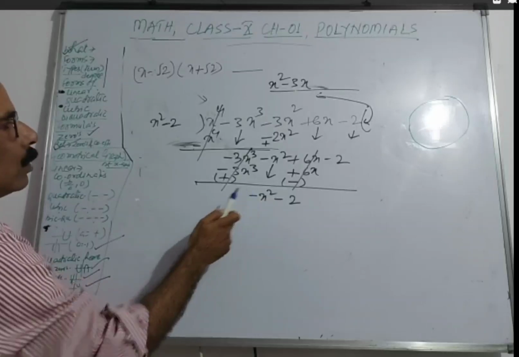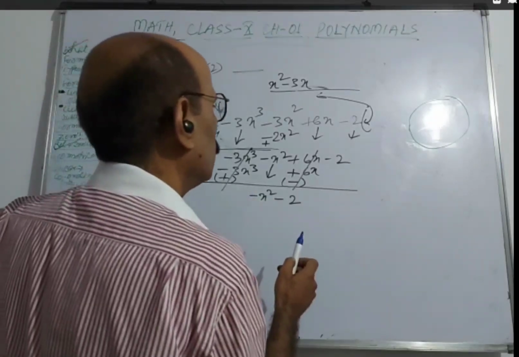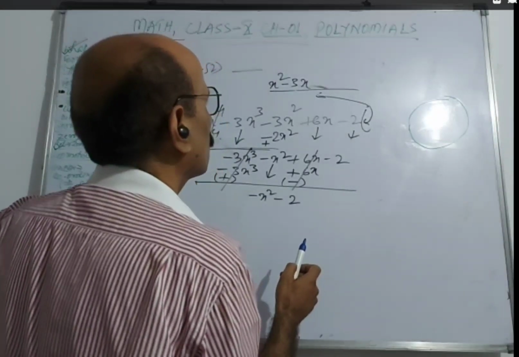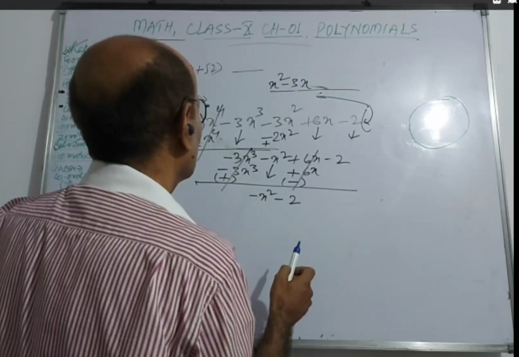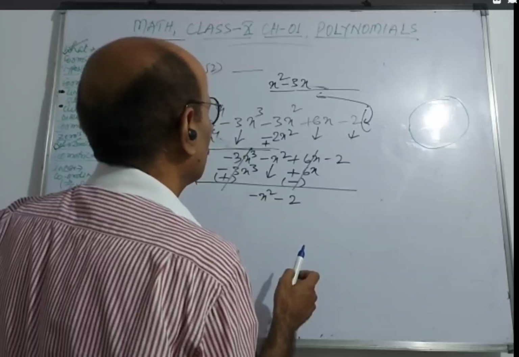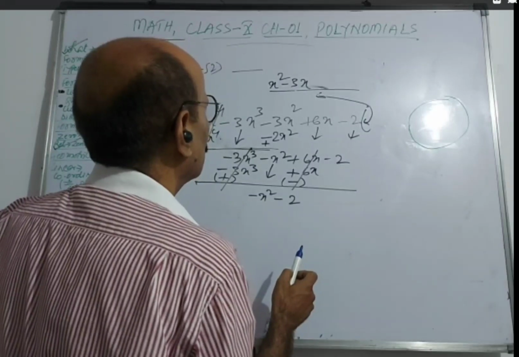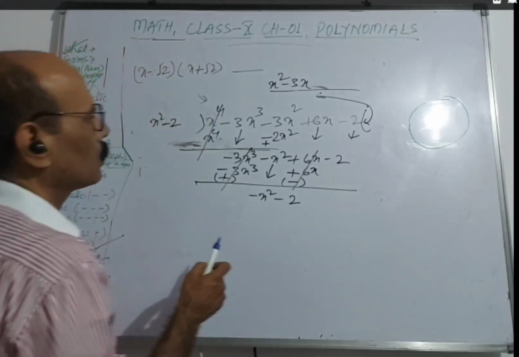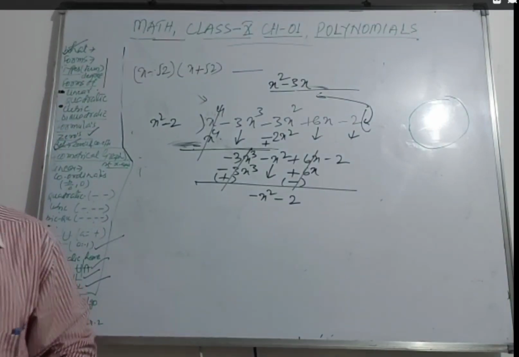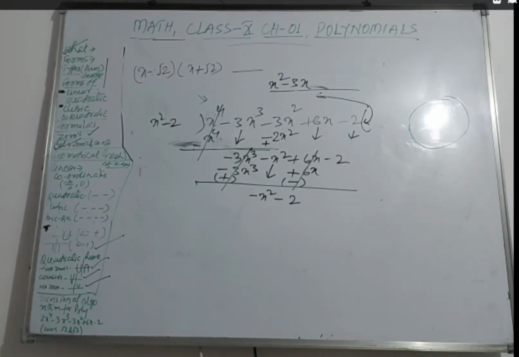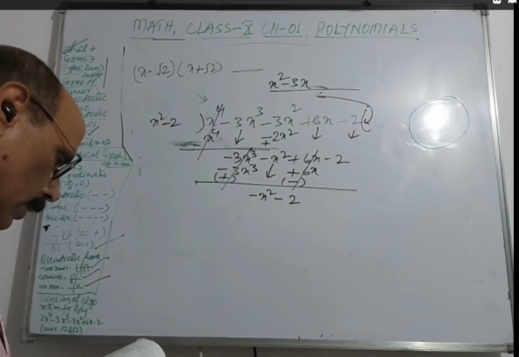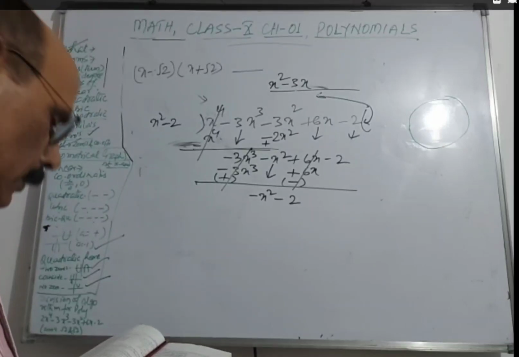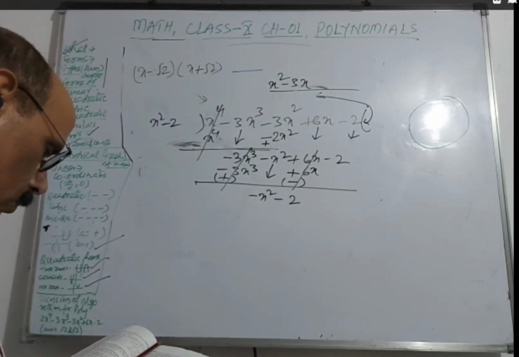Yeah, something wrong we have done. Either the question is wrong or I have done wrong. Let me see what the question was. Minus 3x square minus 2.